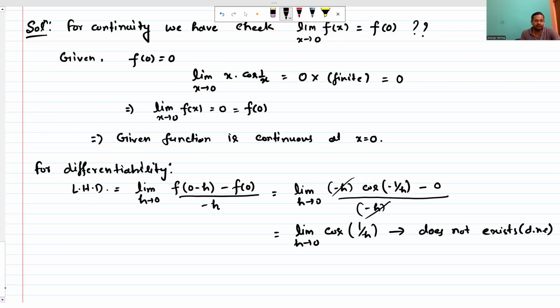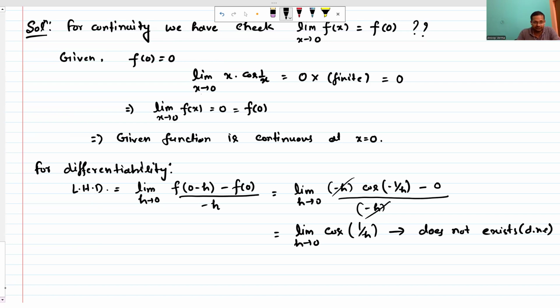Similarly, you can go for the right hand derivative, that will also not exist, but there's no need to check the right hand derivative, because if the left hand derivative does not exist, it is enough to say the function is not differentiable.